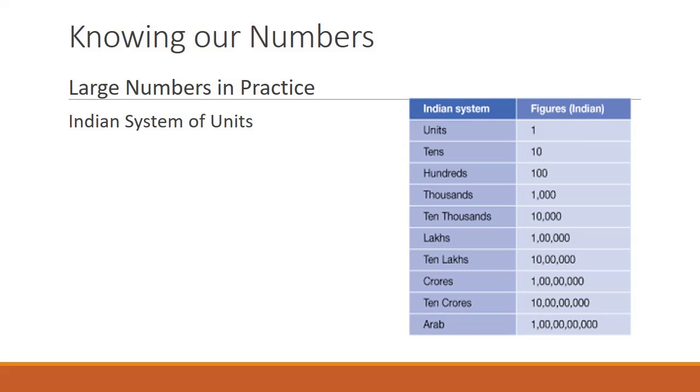So it goes on like this. Now you can easily see the difference between the Indian system and the international system of units, although the international system of units is followed in India also.